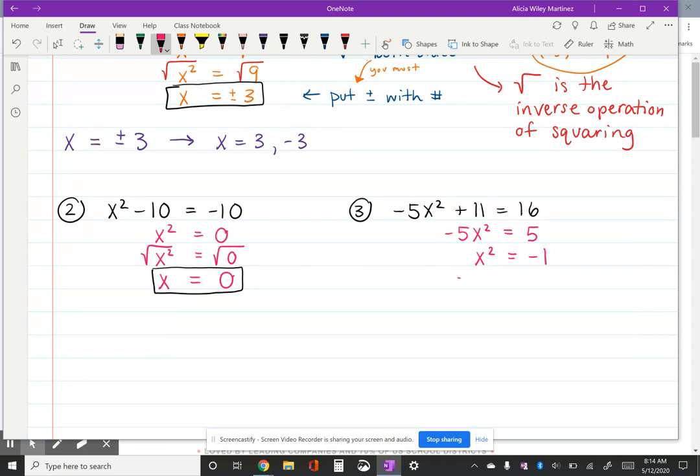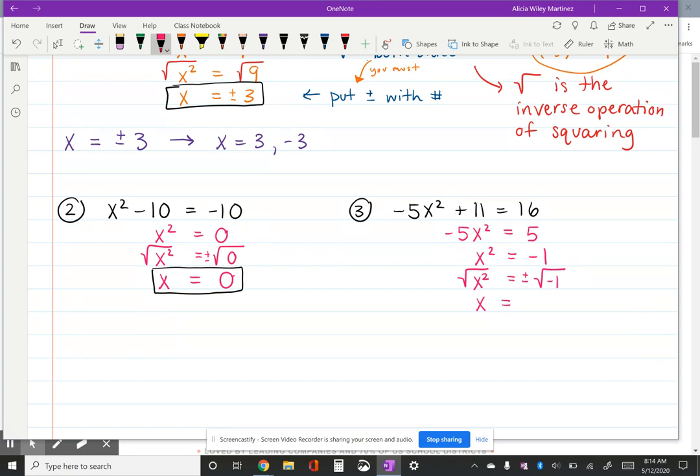So when I go to square root, in order to undo the exponent of 2, I must also square root the other side, not forgetting my plus or minus. I'm going to put it over there also. When I take the square root of x squared, I get x.